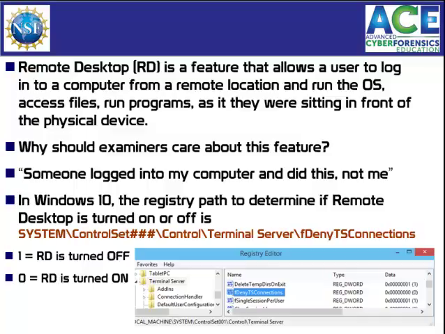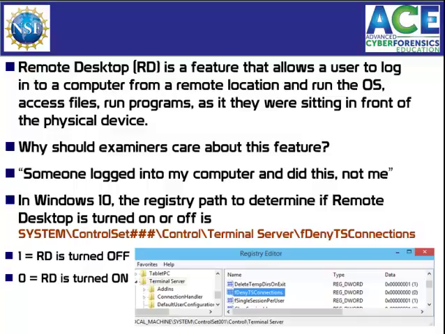Well, you can certainly do a lot of forensic examination and analysis on various artifacts throughout Windows to confirm or deny this type of claim. One of the areas that you should definitely check is inside the registry in the system hive, following the path that you see on the screen to the Terminal Server subkey and looking at the fDenyTSConnections value.